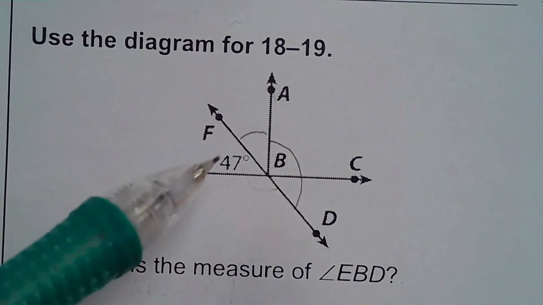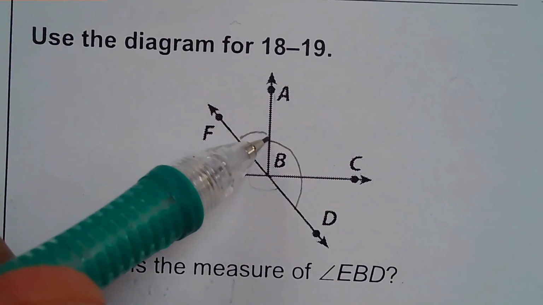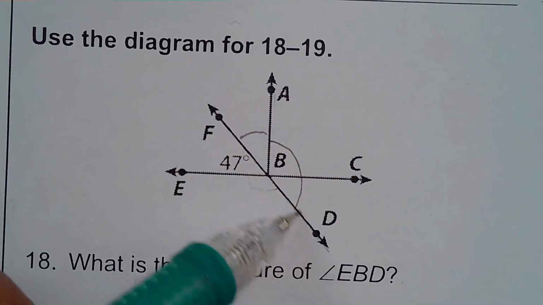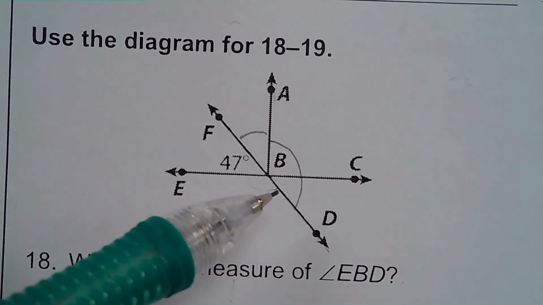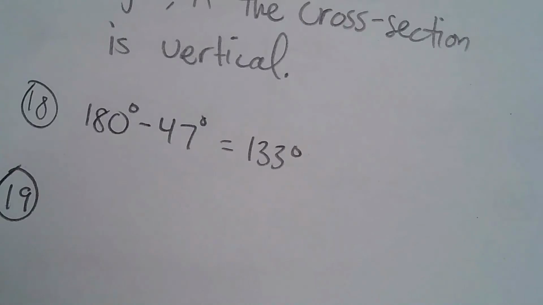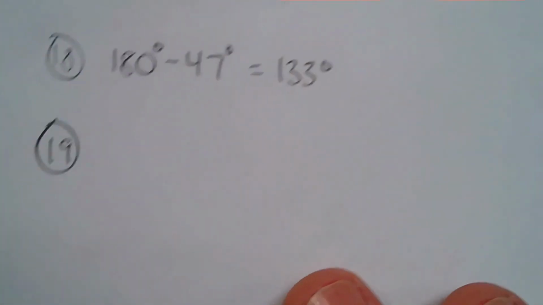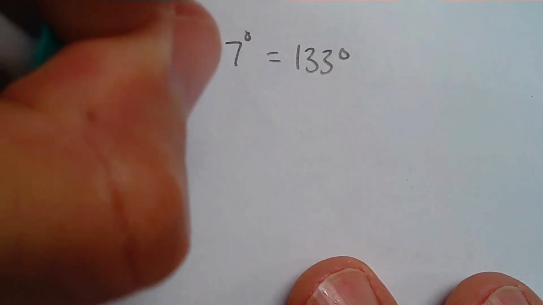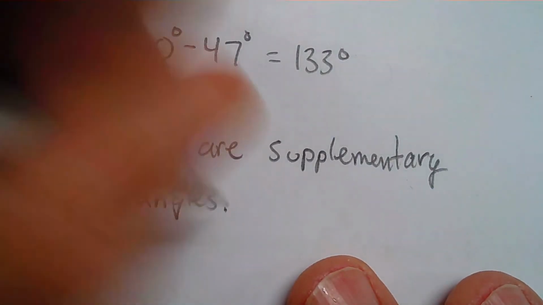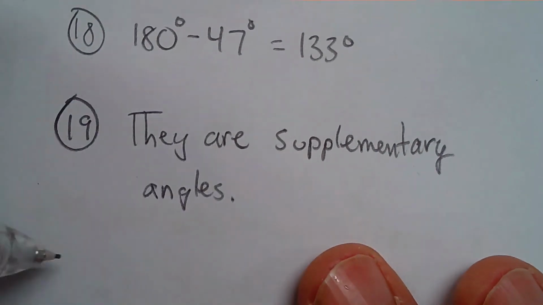So we see that we start here, and there's this angle and the other angle, and it makes this straight line in the end. So if they make a straight line together, that means that they will be supplementary angles. Nice. They are supplementary angles. Number 20.